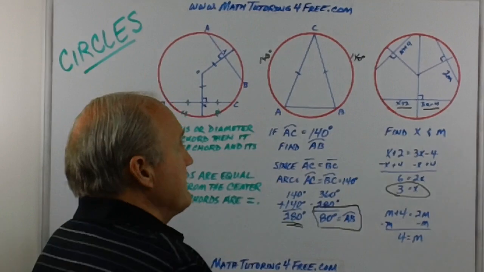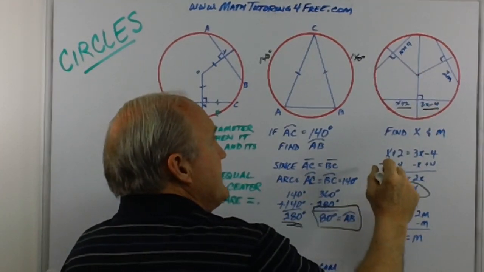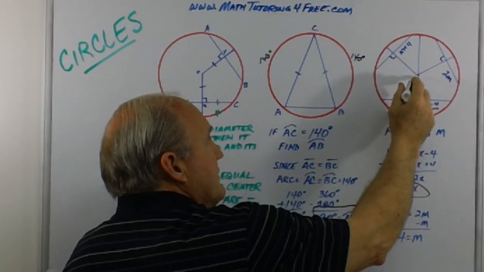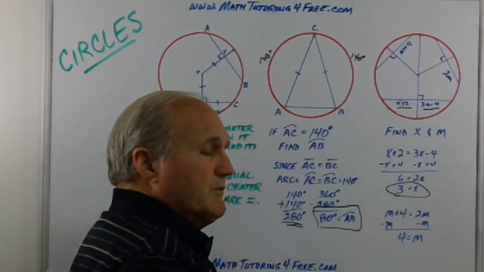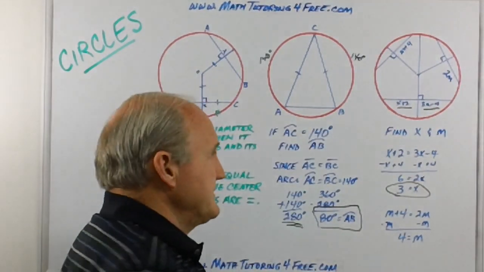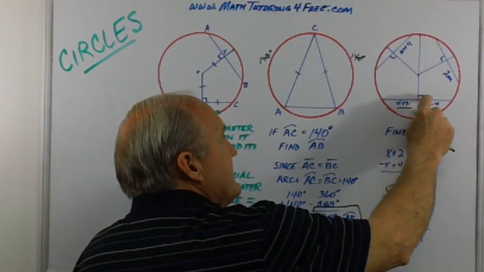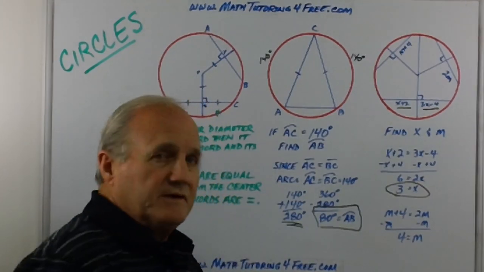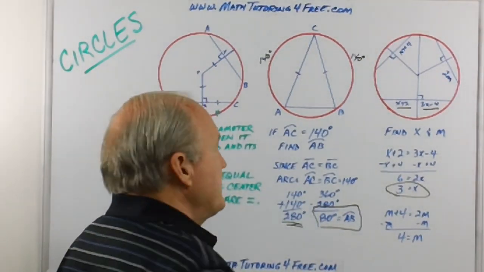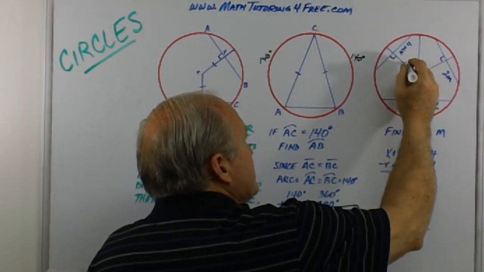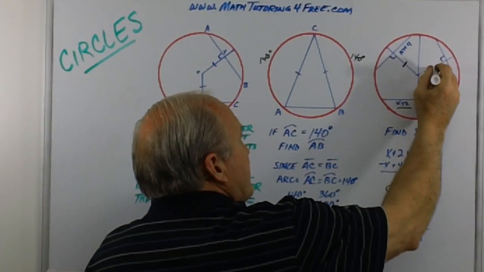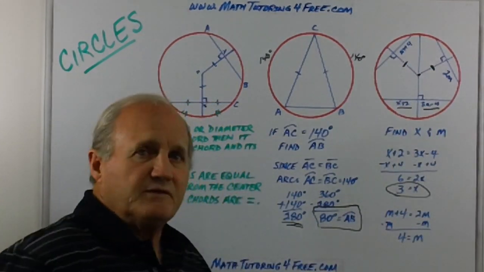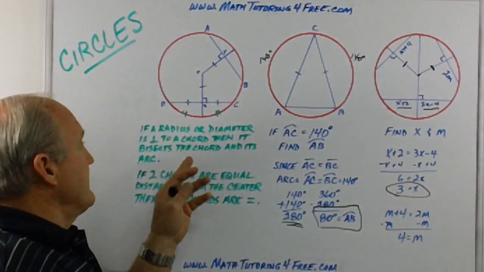In the m situation up above, what we have is two chords, and those chords are shown to be perpendicular to a radius. Again, the radius is perpendicular, and that says it's going to split them in two. But also if they said that this distance, the distance from the center of the circle, is the same, then we say those chords are equal. Isn't that what we said back here?